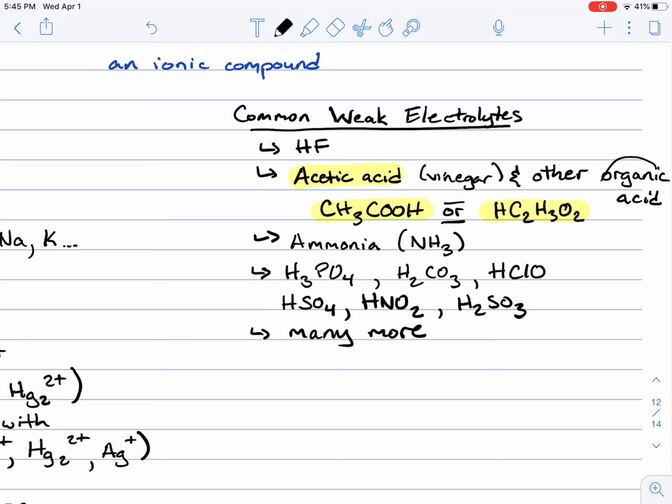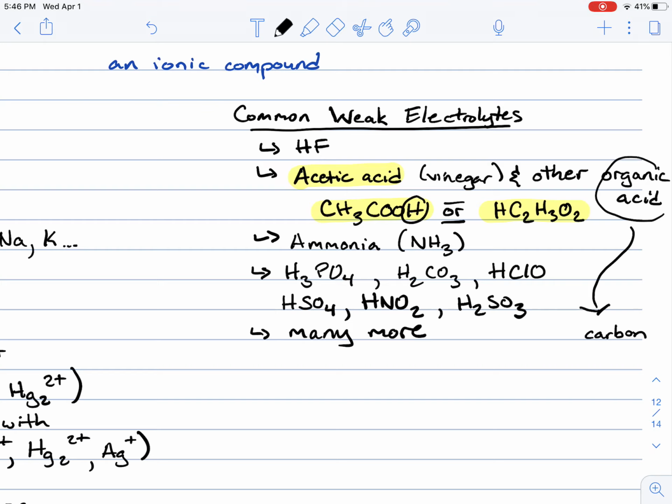And so organic acids are basically molecular compounds that are carbon-based. So if you look at acetic acid, that's a carbon-based compound, and it does have ionizable hydrogen.